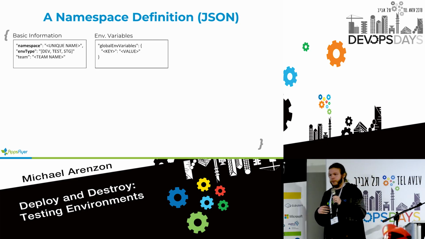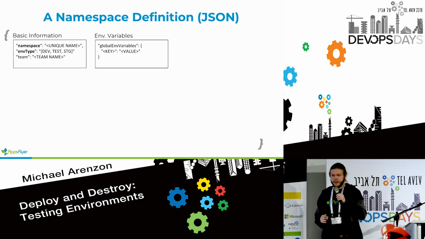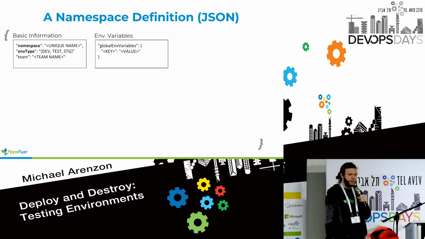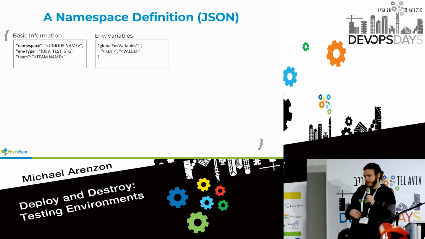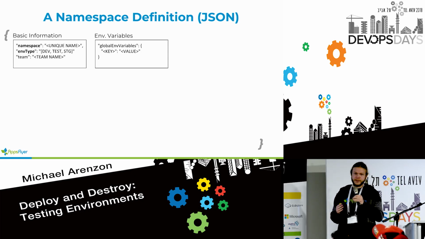So if I'm developer one and there's another developer in my team and we both want to test the same system in test, we say that the environment type is test, but my namespace will be Michael and his namespace would be Yossi or some other name. We have a full separation between the environments with exactly the same behavior.